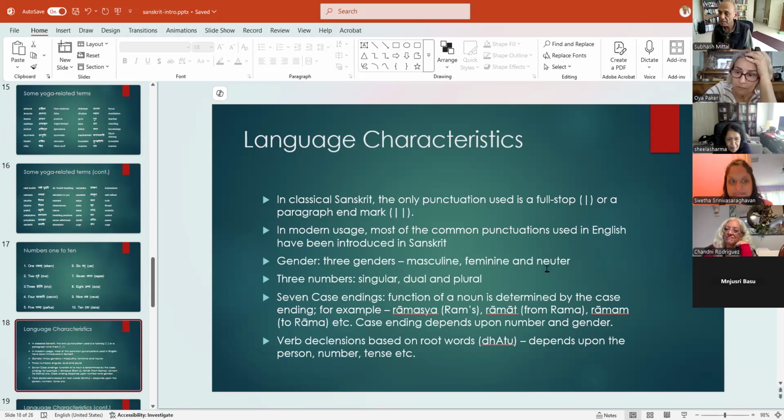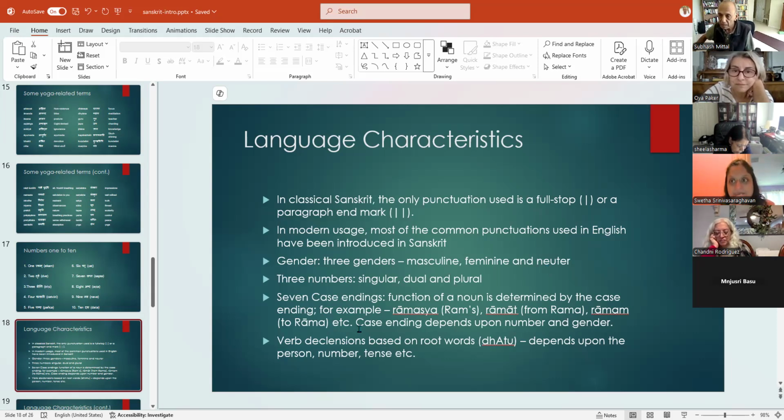Its phalam is neutral gender. And a branch of the tree is called shakha. Now shakha is feminine gender. So a fruit or a leaf on a tree is neutral gender, the branch is feminine gender, and tree itself is masculine gender. So be very careful. Learn the gender along with the word anytime you pick a new word.